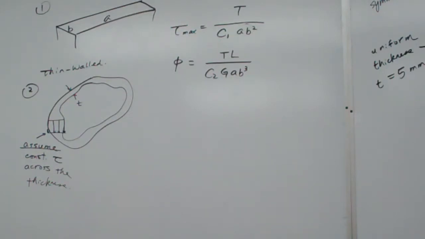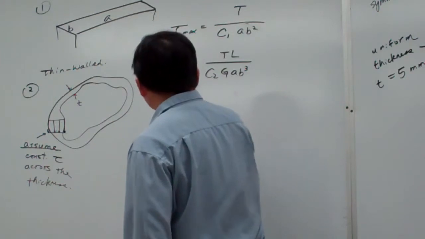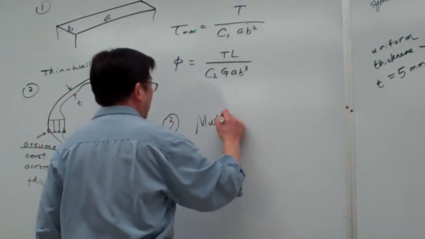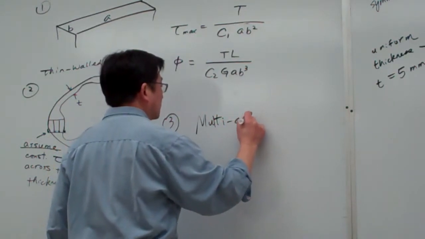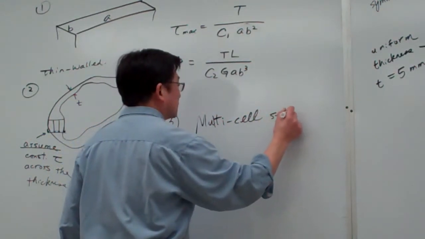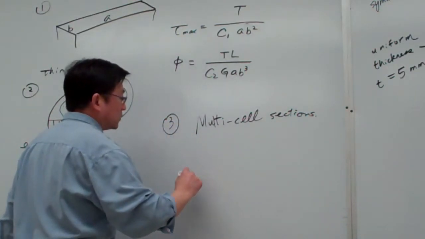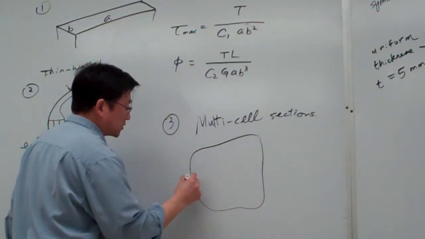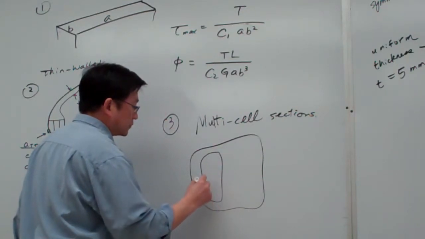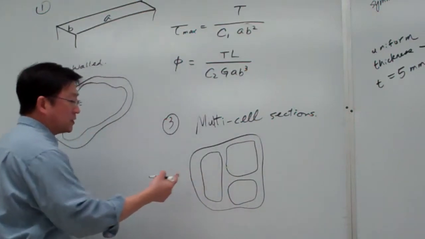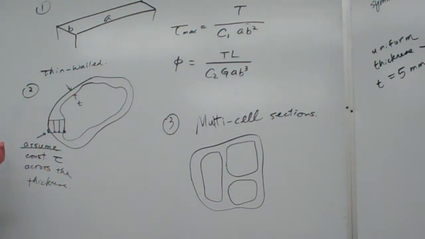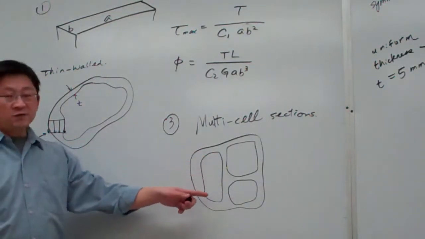So that is the formula. And then the third one we've been studying is the multi-cell sections. Basically this is one step further from the thin wall structures. For this case, everything is based upon the thin wall theory, but we're taking care of the shear flow in each cell.